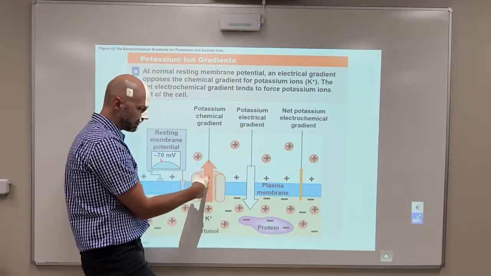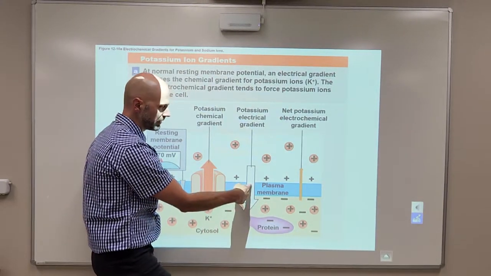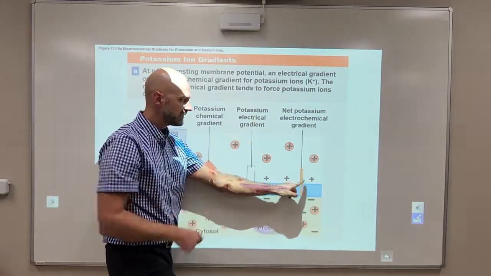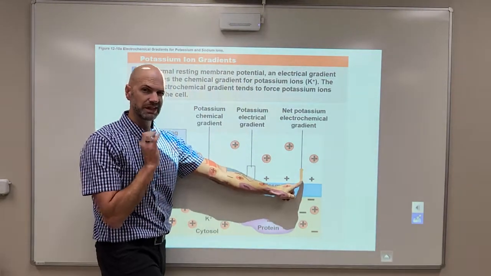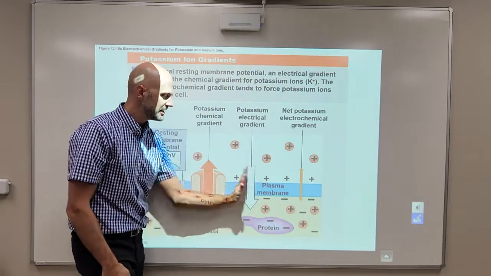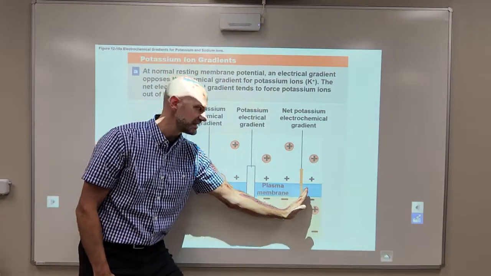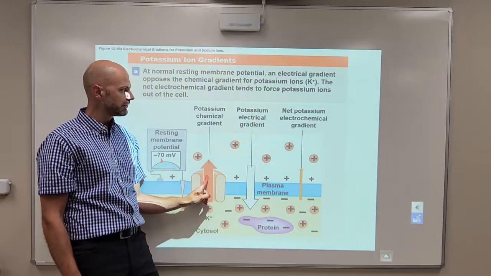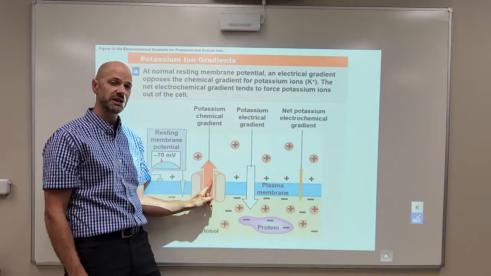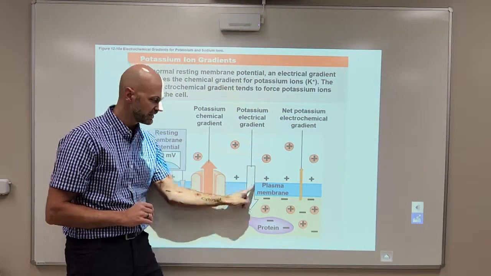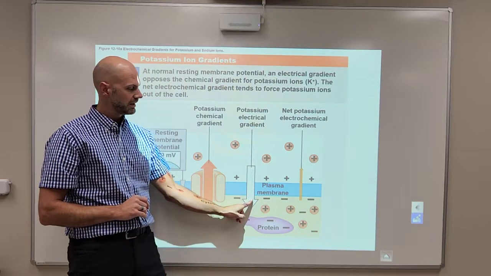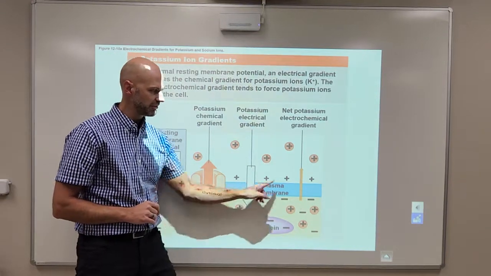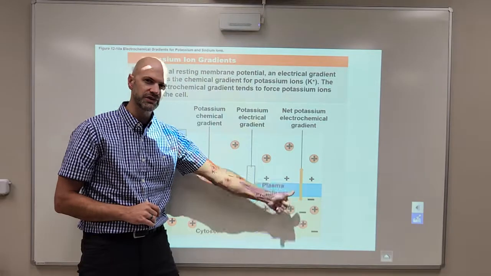So you take the orange arrow plus the white arrow and you add them, you get this small light orange arrow. The addition of these two results in a slight outward force because the outward force of the chemical or the concentration gradient is slightly bigger than the electrical gradient. These are two opposing arrows and we result in one small force outward.